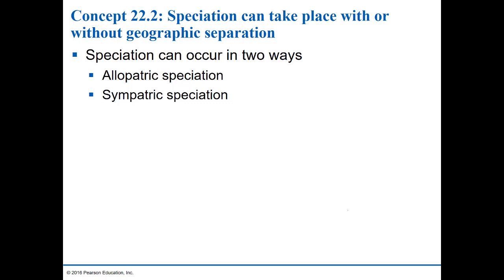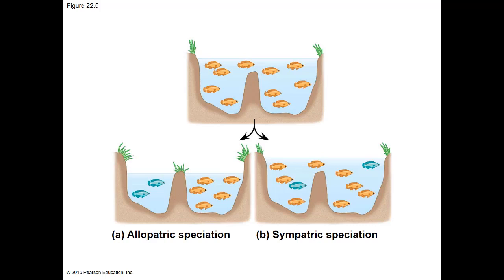So speciation, or the separation of two different species, can take place with or without geographical separation. Two different species arise in two different ways: allopatric speciation or sympatric speciation. In the example of these fish, you have a tide pool with a bunch of fish in it.